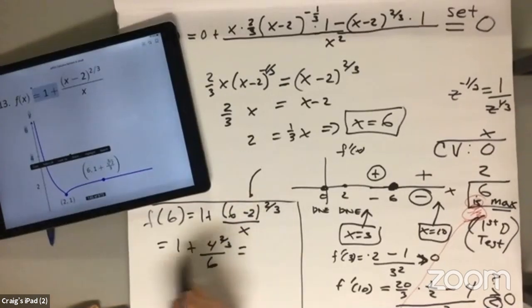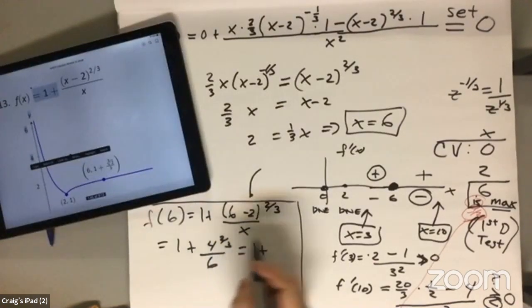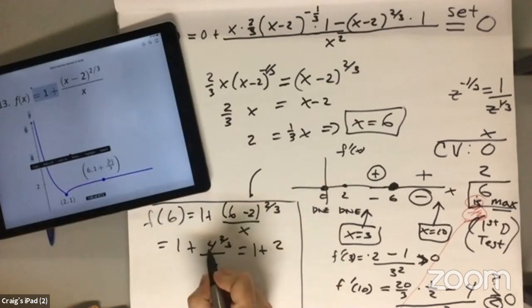So the algebra here is that I have 1 plus 4 to the 2/3 power, and 4 is just 2 squared.